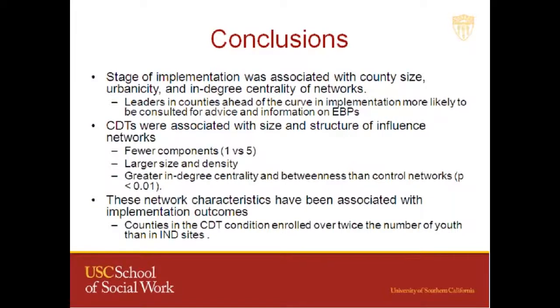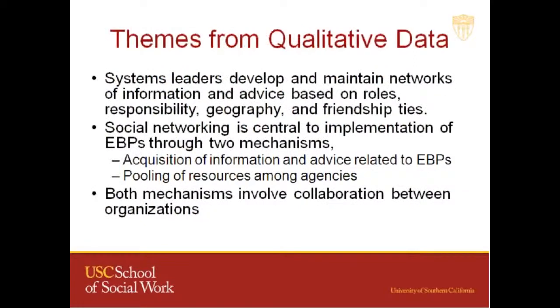And they also exhibited greater in-degree centrality and betweenness, which is another measure of network structure, than the control networks. These network characteristics were subsequently shown to be associated with the implementation outcomes in the sense that counties that were in the CDT condition ended up enrolling over twice the number of youth than those in the services as usual or independent condition. Next slide, please.